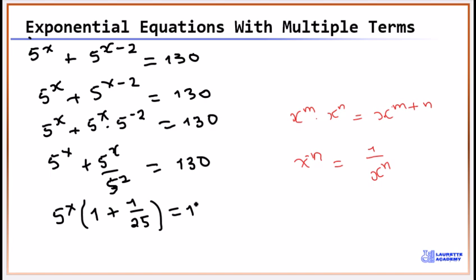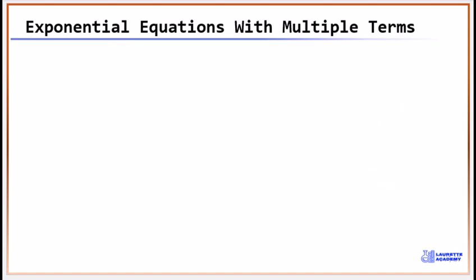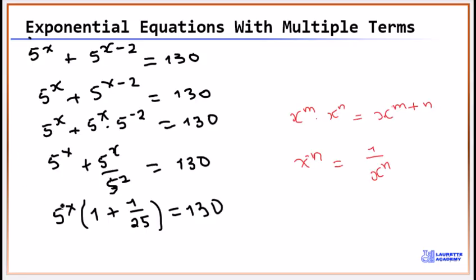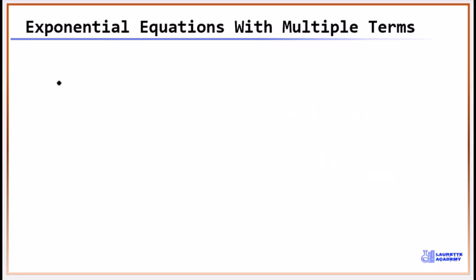This is equal to 130. And so we have 5 to the power x outside, so this is going to be 5 to the power x times 26 over 25.